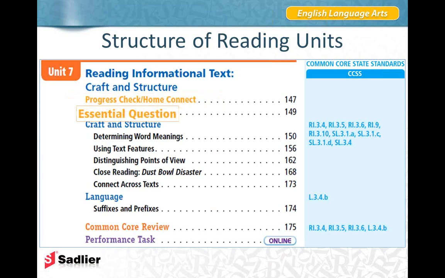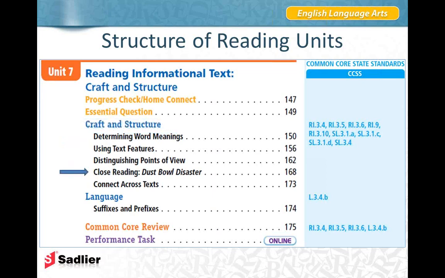We have an essential question, which is the big idea, and it focuses the instruction. Again, we're in craft and structure, and we're going to identify and work on the 3 standards under that topic in the reading strand. So that's determining word meanings, using text features, and distinguishing points of view.